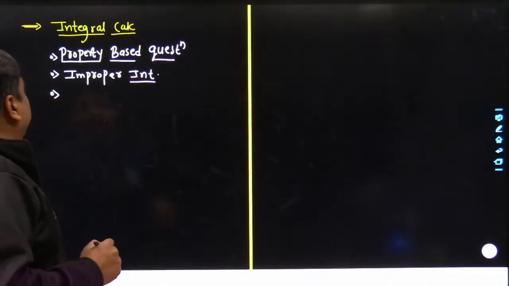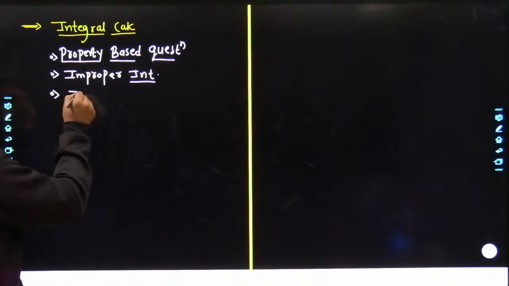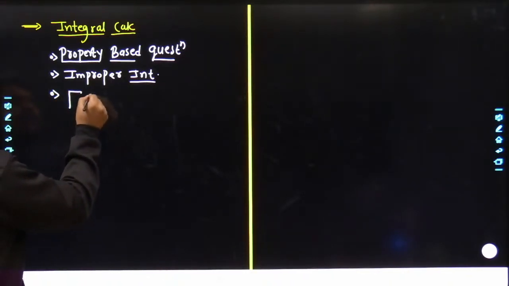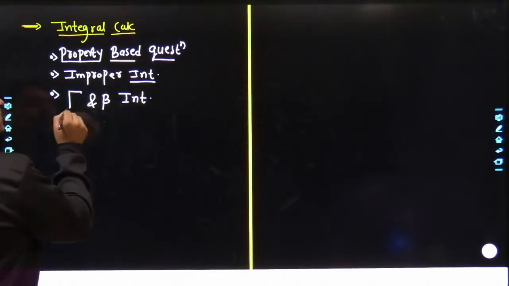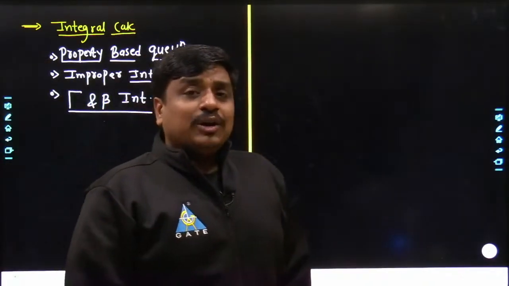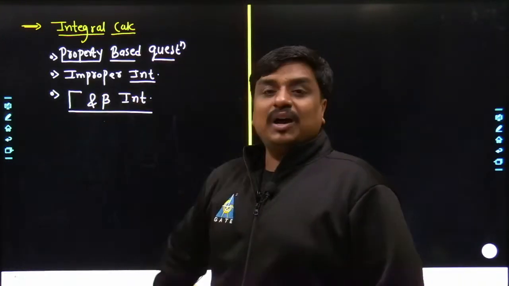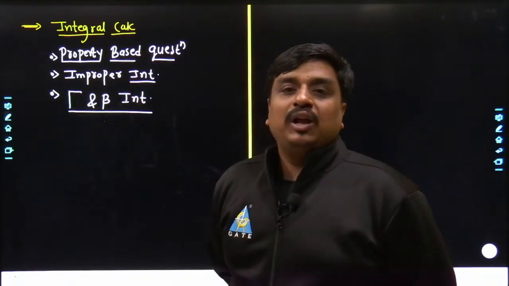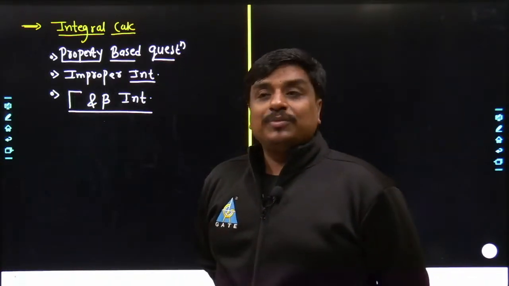Next, the thing which has been repeatedly asked: you should have good command over the gamma as well as the beta integration. Why am I saying this? Because even if they are not asking problems on gamma integration straight away, the concept of gamma integration is very useful while solving the normal distribution, and problems do come repeatedly from that segment.